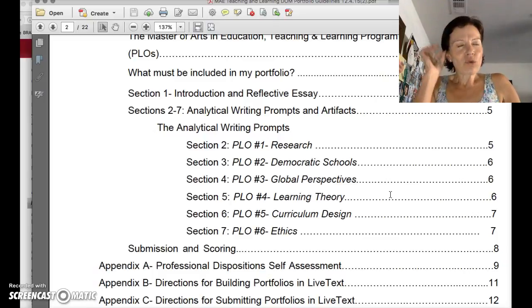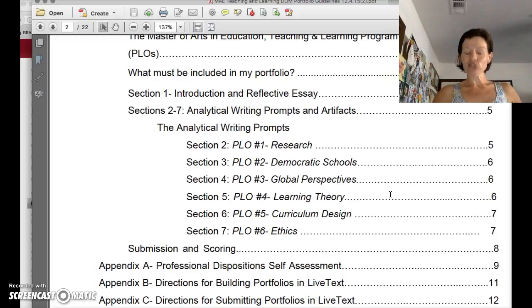And again, you want to think of the prompt as your oral defense that yes, this is why I truly deserve to have the title of Master of Arts in Education, because here's what I truly understand about research, and here's how I came to understand it through the signature assignment from 608, and here's what you should look for in that, and another artifact, here's what you should look for in that, and another artifact. All of that goes into your response to the prompt.